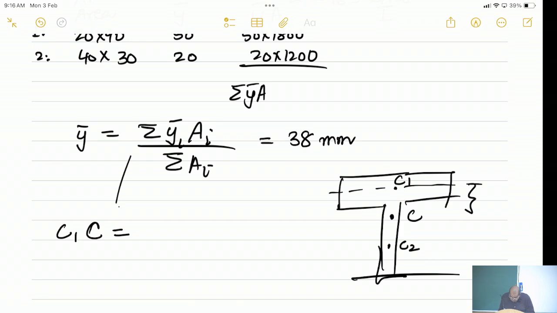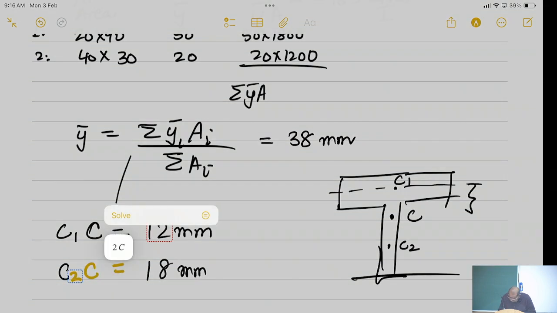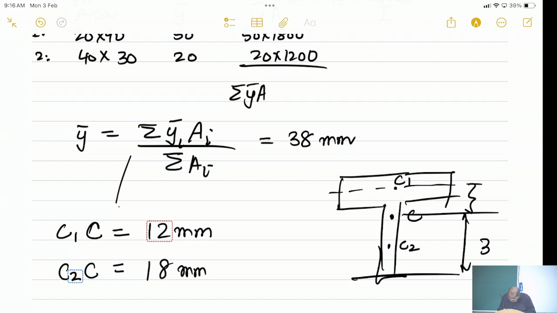C1C is equal to 12 mm and C2C is equal to 18 mm, because this C is 38 mm. So when you calculate the I's, you have to calculate bh cube upon 12 for that rectangle, plus area multiplied by 12 square, and area multiplied by 18 square. So these are the type of things.